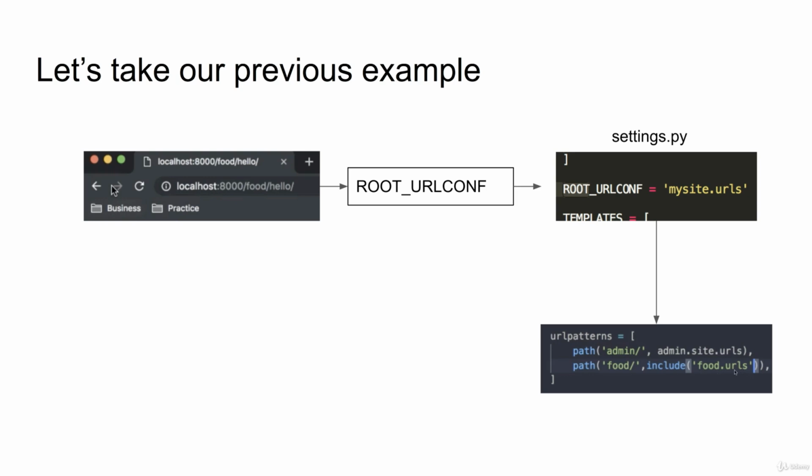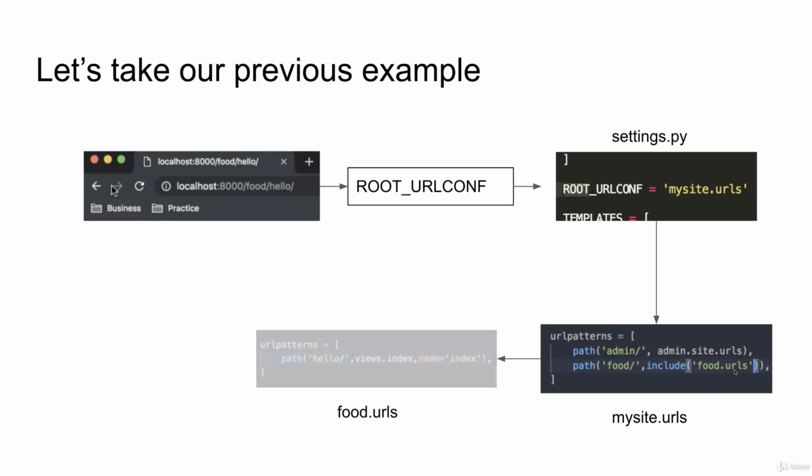So it jumps to that file, food.urls, and again looks for the pattern and compares it with the user's entered request. It finds that the request matches the pattern for this path. Hence, it now goes into the view, which is this view right here.